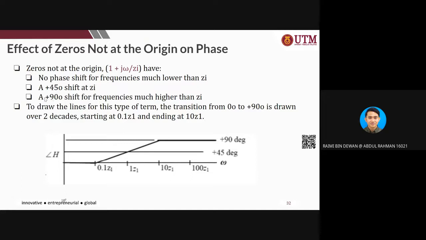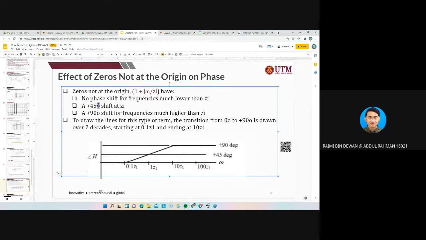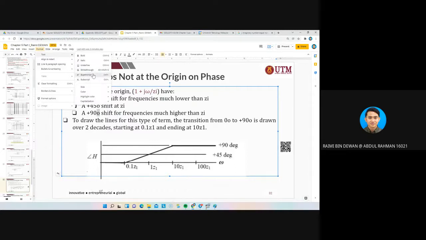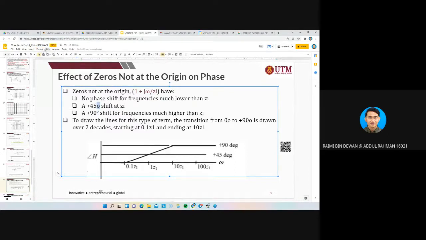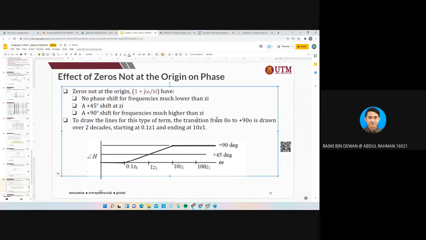Later on I will go into it. A 90 degree shift for frequency much higher than zi. So to draw the line for this type of term, the transition from 0 degrees, sorry, a lot of typos here and there.